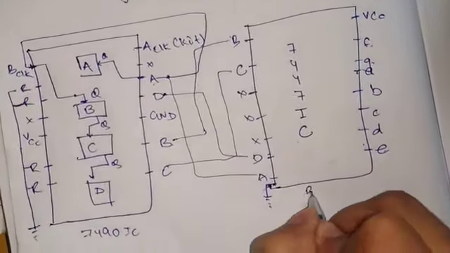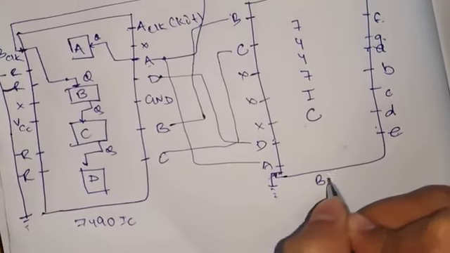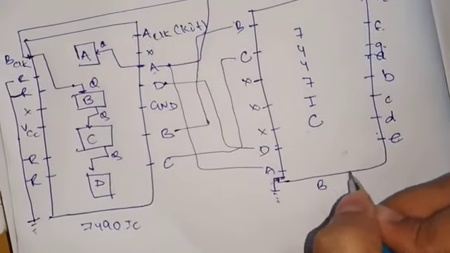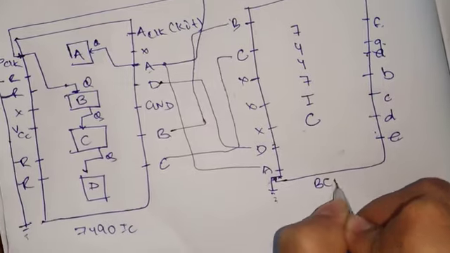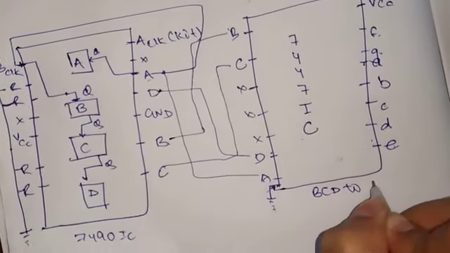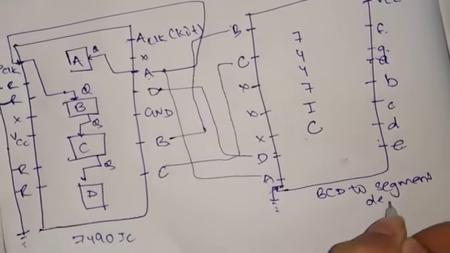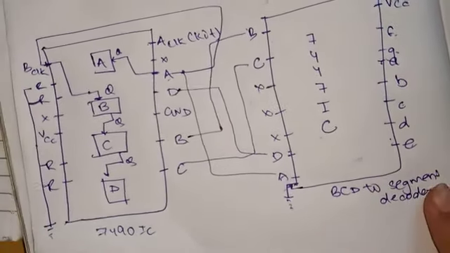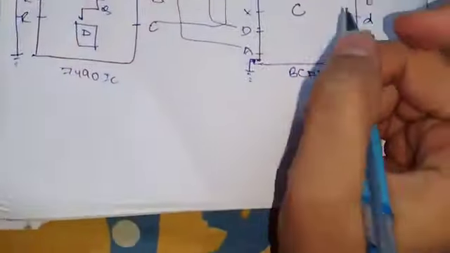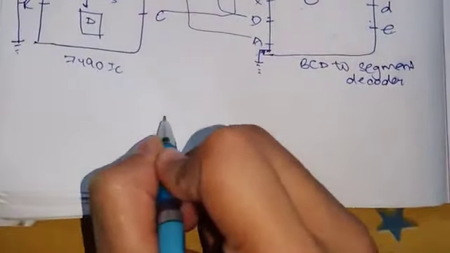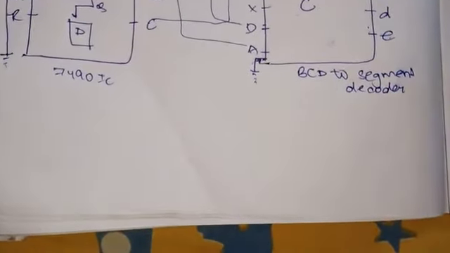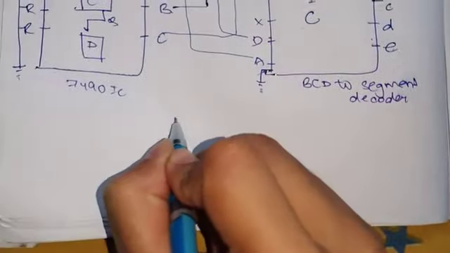If your faculty asks why you are using the 7447 IC, simply tell them it is to convert BCD to 7 segment decoder. After this you have to make the diagram of the 7 segment display.